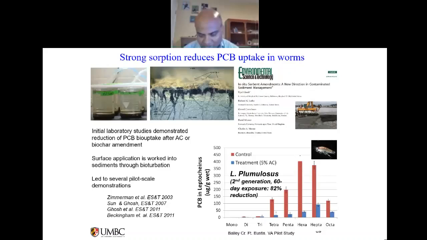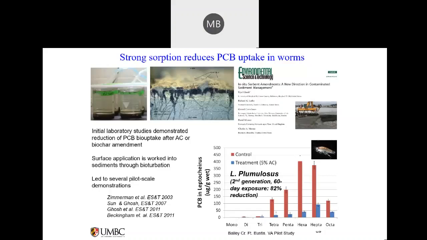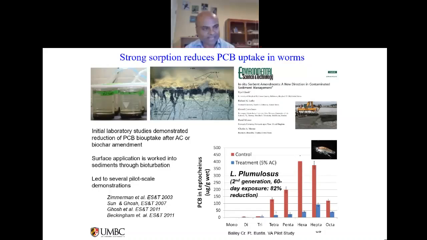The figure on the bottom right is actually sediments that came from Bailey Creek, Fort Eustis, where we grew this amphipod, Leptocheirus plumulosus, and that's an organism that lives in brackish waters in sediments and is at the base of the aquatic food web. And it's a good indicator species in terms of what accumulation is happening in these contaminated sediments.